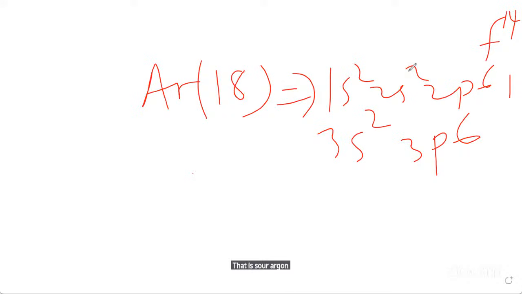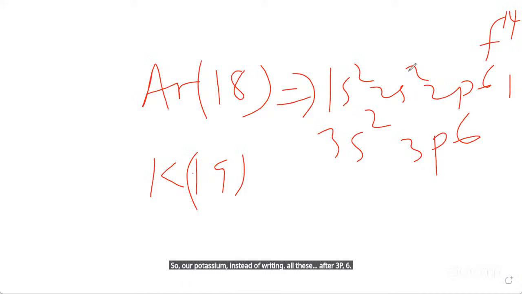After argon, the next one is potassium, which is 19. So for potassium, instead of writing all these, after 3p6, the next one is 4s1.